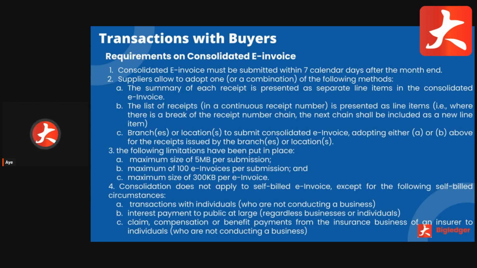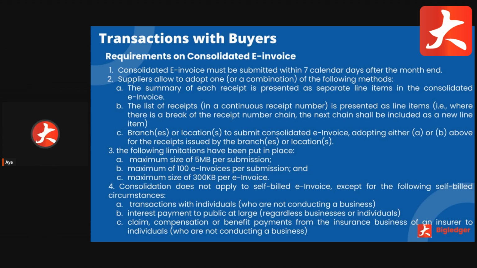Okay, so I start with the scenarios. So first one, this is the requirements. Just now I talked about the requirements for the individual. So this part is the requirements on the consolidated submission. For the consolidated submission, the consolidated e-invoice must be submitted within 7 days after the month's end. Then the supplier can adopt one or a combination of the following methods.